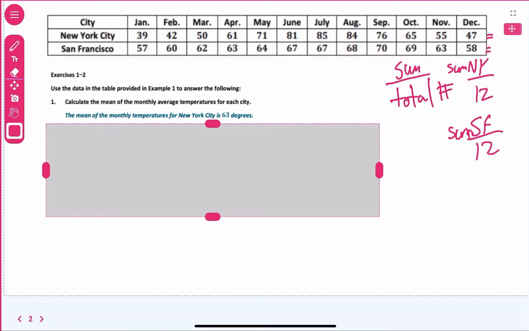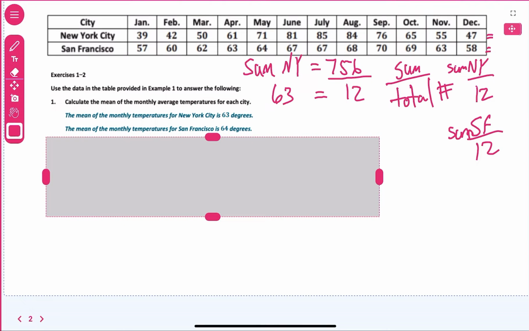That would be New York, the sum of New York. I'm trying to write this all a little bit better. The sum of New York is equal to 756 divided by 12, which means the mean is 63. Okay.